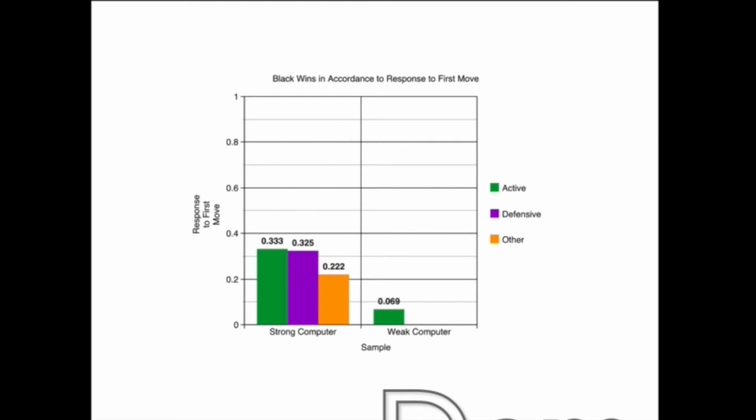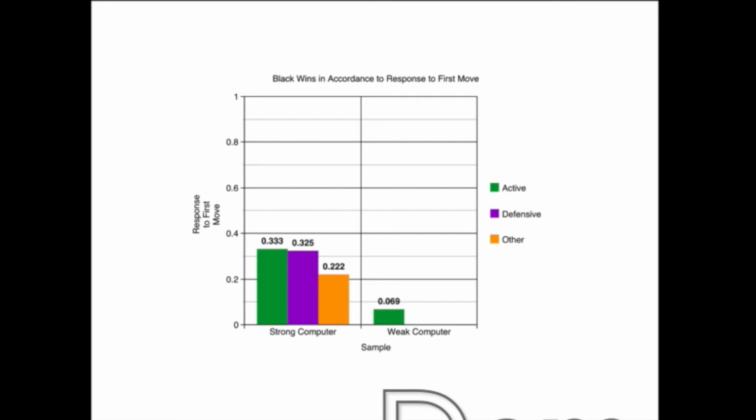And then when the computer responded to white's first move with other, so moving, for example, a knight or any other pawn that was not on the e-file or d-file, it had a 0.222 win rate. Again, this is including ties, so the win rates may seem low, but they are actually also including ties.